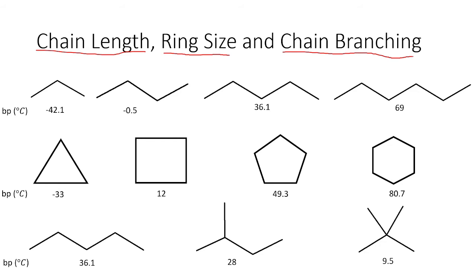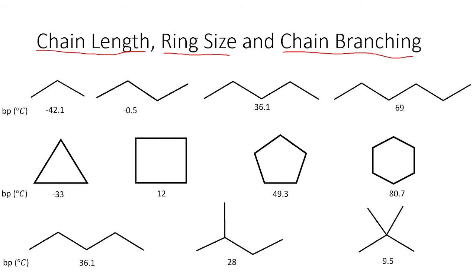Therefore, as the chain branching increases, the London dispersion forces decrease and the boiling point and other properties decrease.